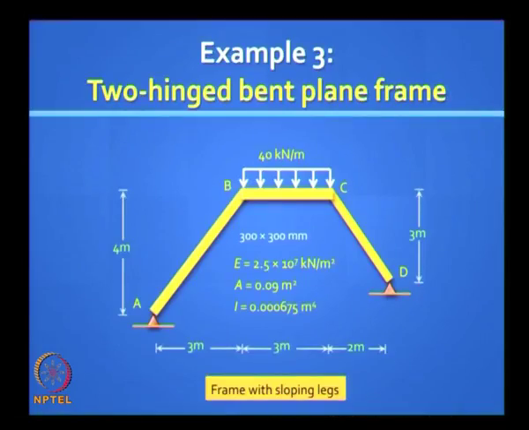which we've solved earlier by the more rigorous method. So let's solve this by the reduced element stiffness method, and let's take advantage of the fact that we can ignore axial deformations. We have solved this problem earlier by the slope deflection method.